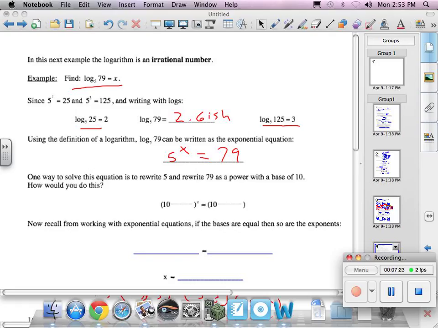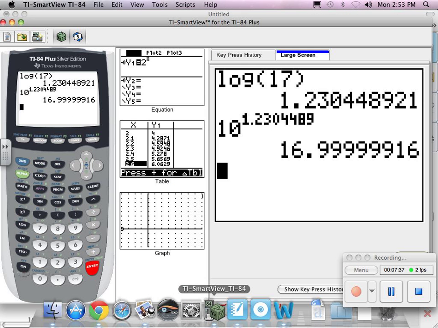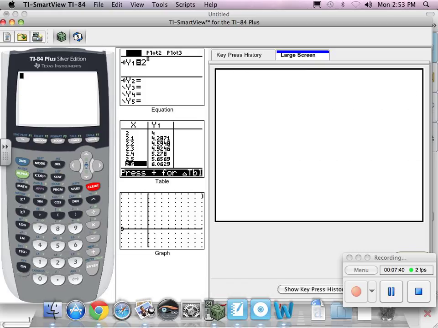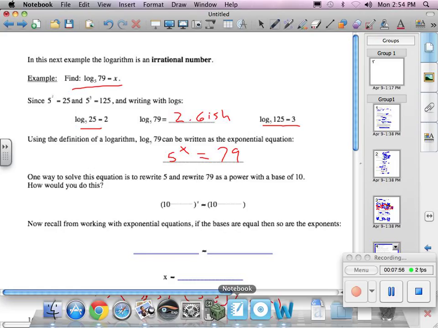So I need to find out what 5 is as a base 10, and what 79 is as a base 10. So I'm going to go into my calculator, and I'm going to say log of 5. Well, so that's 0.6987, okay, 0.69897.